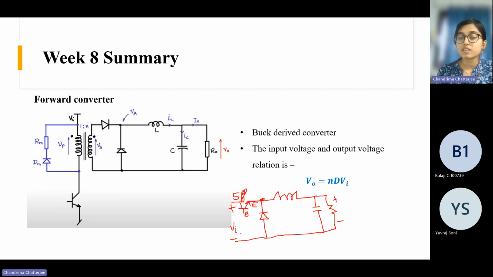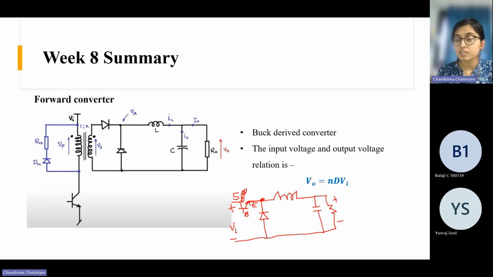That's why we shift this device from this rail to the ground rail. Instead of keeping the switch here, the switch is shifted to the ground. So if you see this circuit, the emitter terminal of this BJT is connected to ground. It is not on the upper side; it is on the downside.